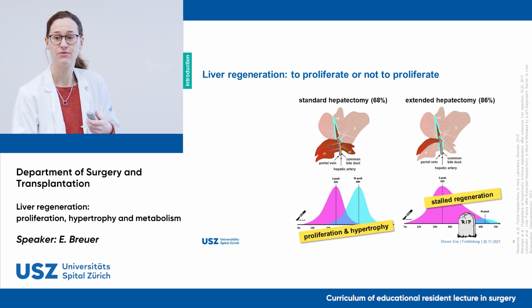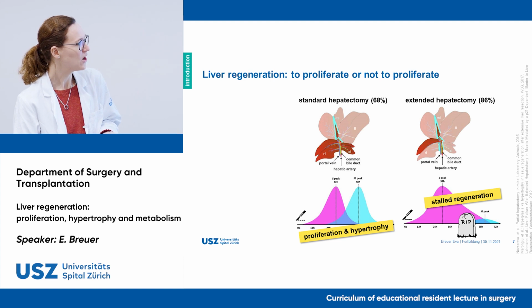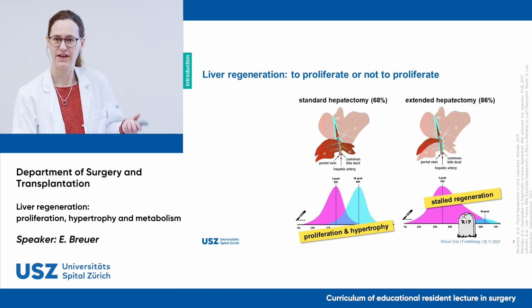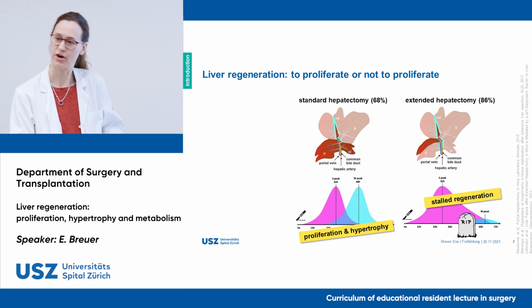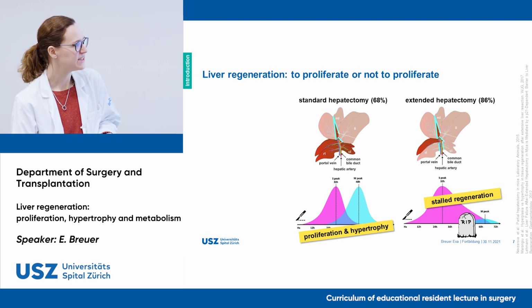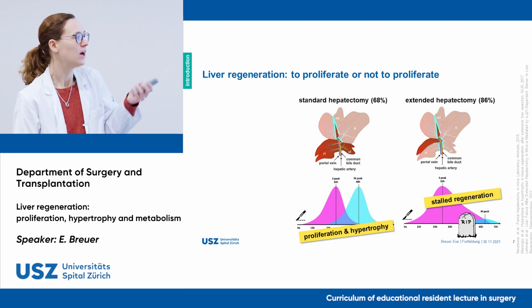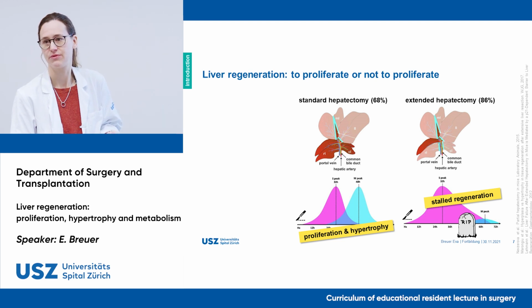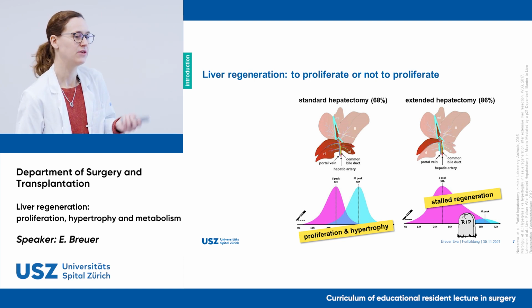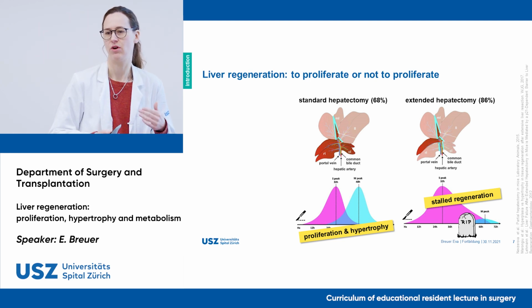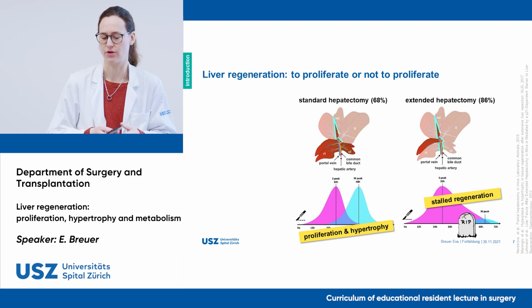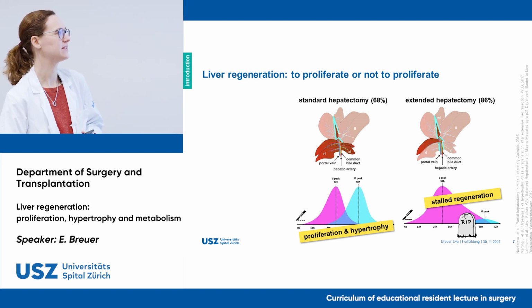Contrary to that, if we take too much tissue away, we have an S-phase entry, so cells start to get into the cell cycle, but we see a smaller and delayed mitotic peak. About 20 to 30% of these animals will die due to this operation, and all of these animals will develop some sort of jaundice, some more, some less.